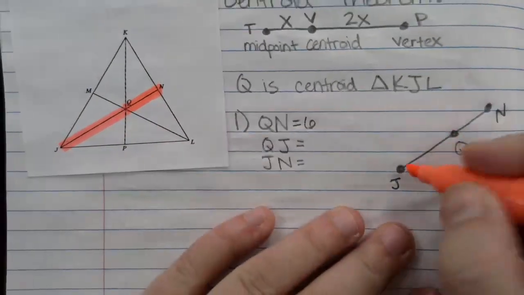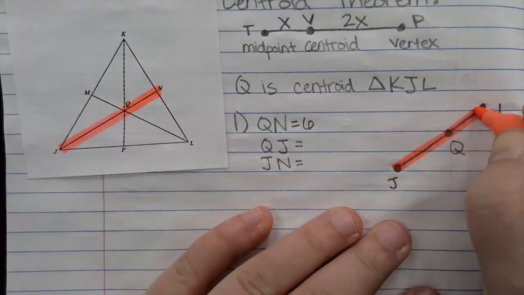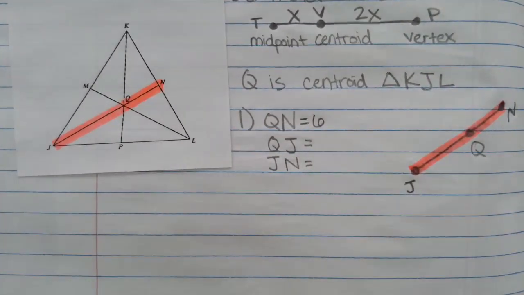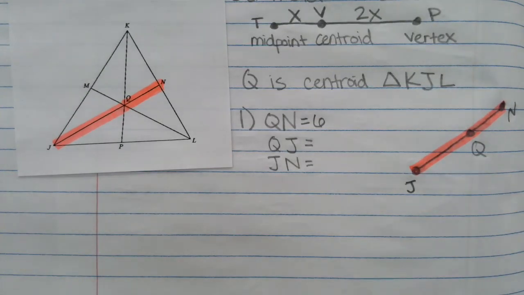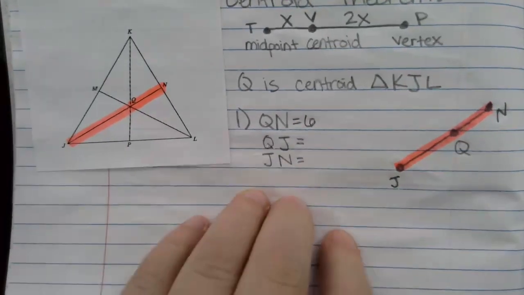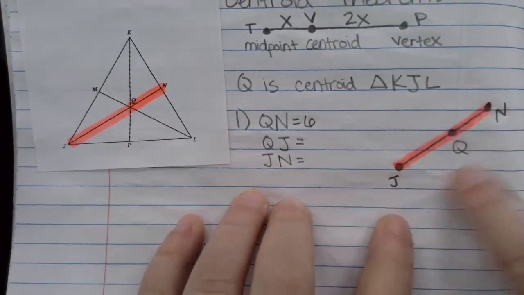I'm going to highlight that so when I look back at my notes I can see that's the one we were matching. The reason we're doing that is if we mark it all up on this triangle, there's going to be so much happening it's hard to read, so we're going to show our work off to the side.